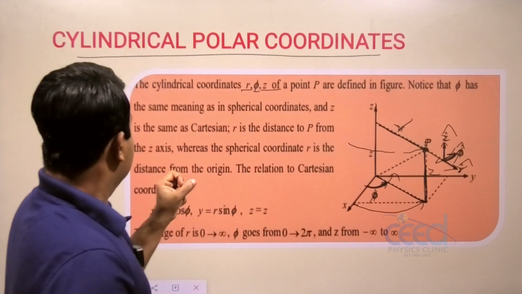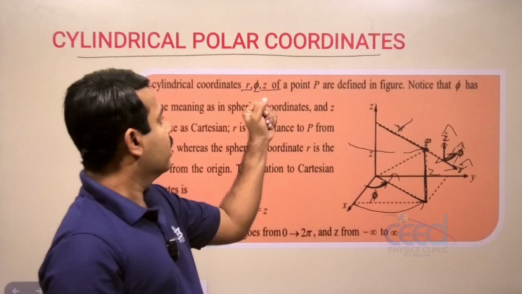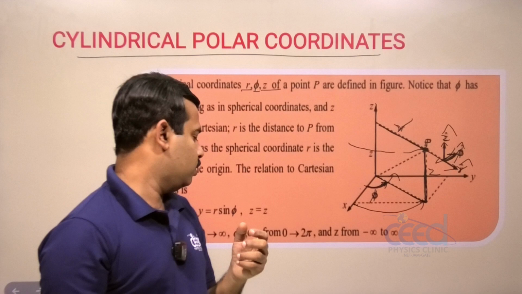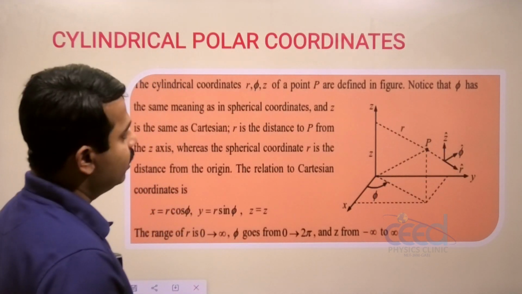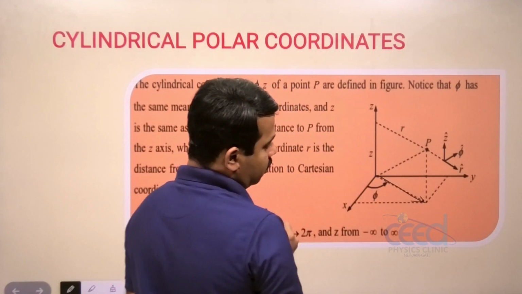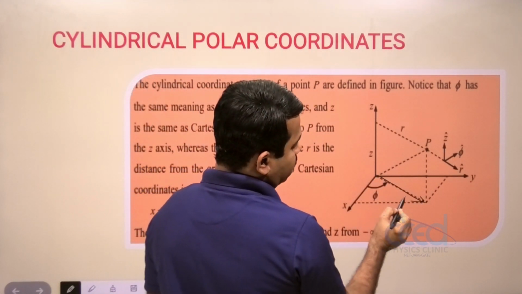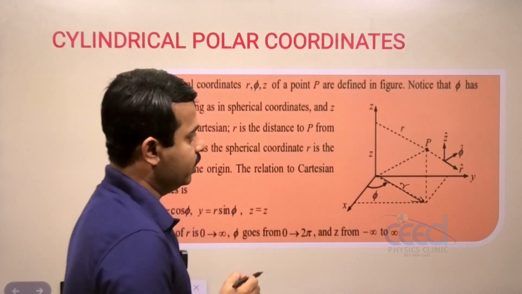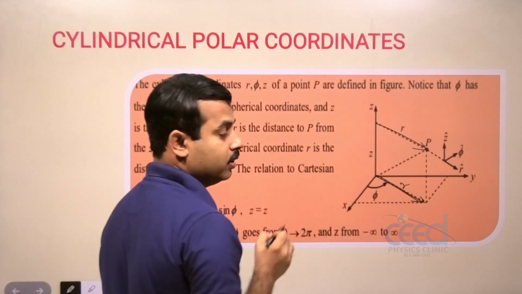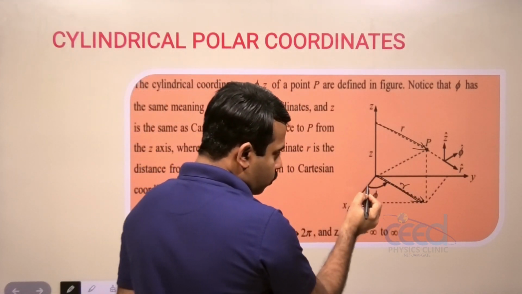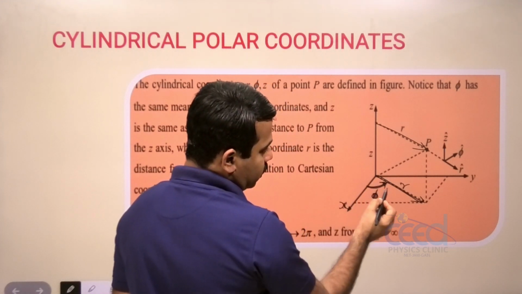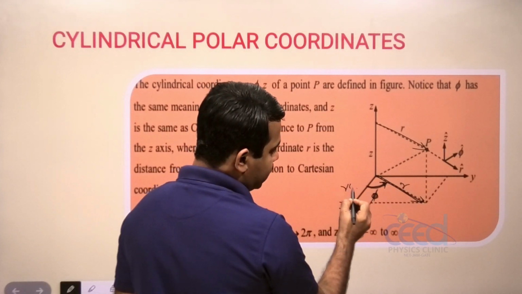Now, in terms of cylindrical polar coordinates, how can we define x, y, z? Suppose this vector I am considering, this is r. This is the radius vector, and this vector is parallel to this radius also. Now this is angle phi, then this is the x-axis, so definitely this is r cos phi, the adjacent side.